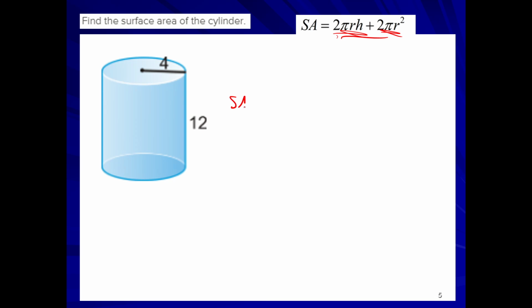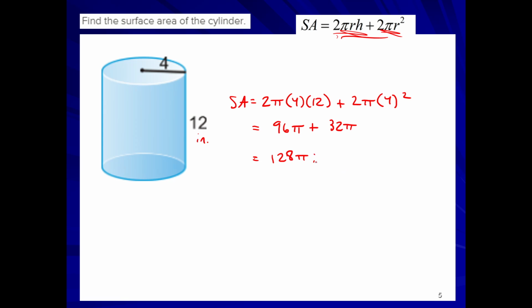Okay, so we would simply say 2 pi r h, those are given to us, and then 2 pi r squared. And then just clean that up. So it's going to be 8 times 12 is 96 pi, and that's going to be 16 times 2 is 32 pi. Altogether is 128 pi. If this is inches, this is inches squared.